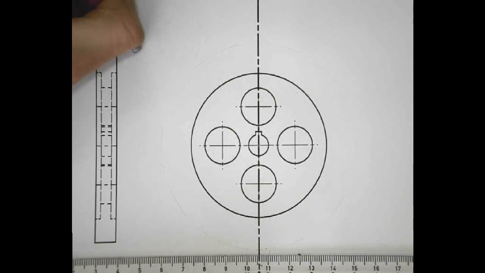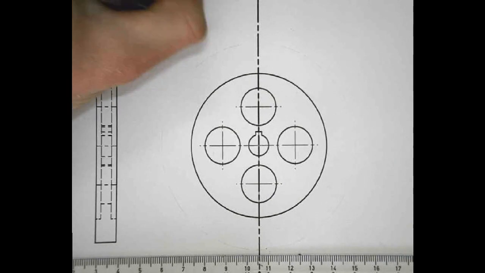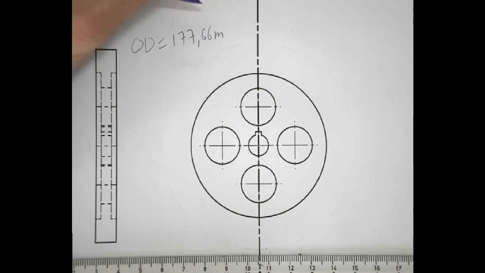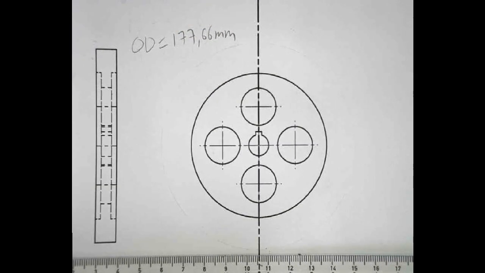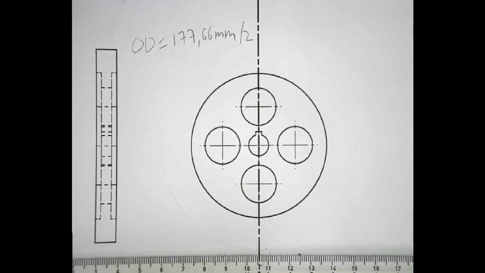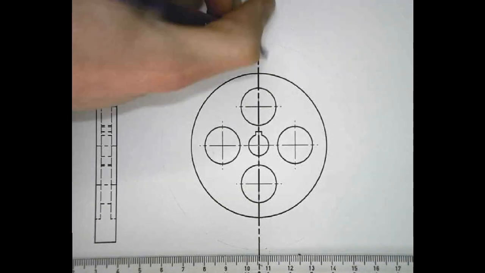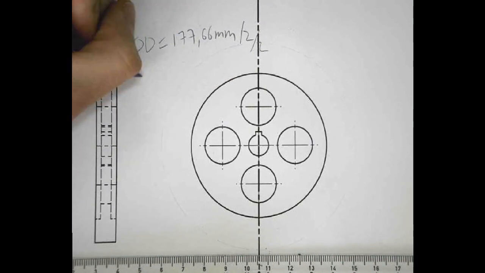Okay, so we'll start by representing the outside diameter. The outside diameter we calculated in the previous video to be 177.66 millimeters. We'll need to divide this value by 2 for our scale, and then we divide it by 2 again to represent the radius.